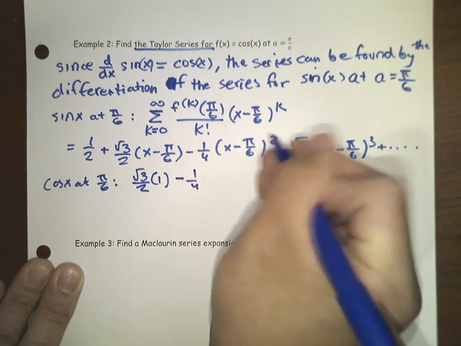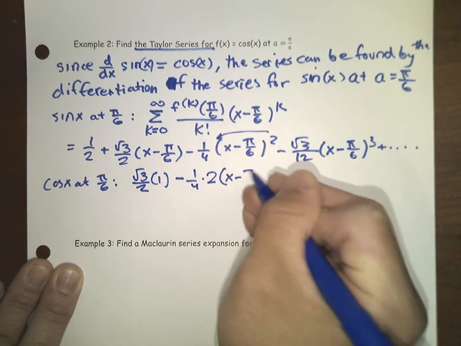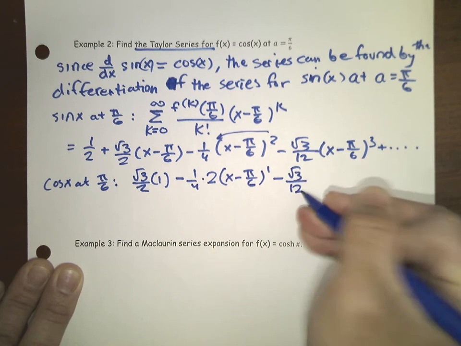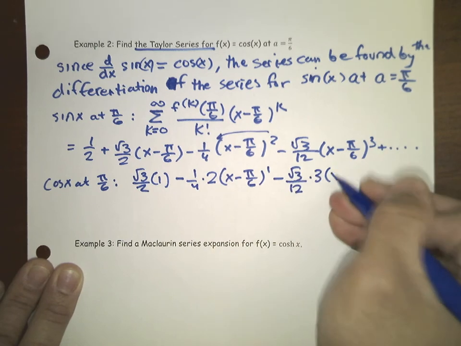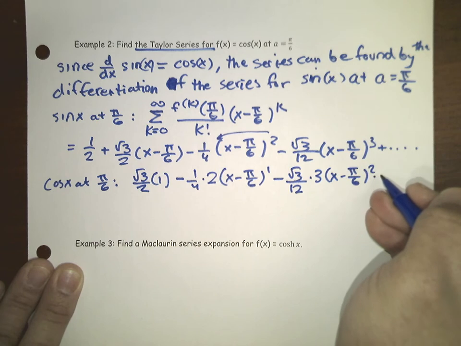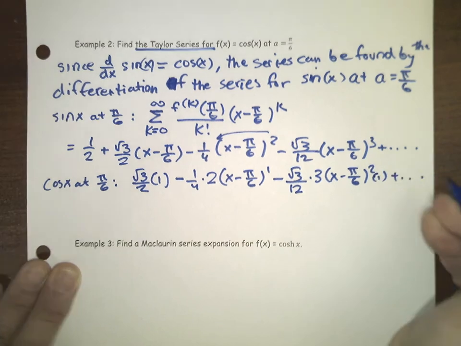Minus a fourth times, let's use the power rule, 2 times x minus pi over 6 to the first. Then minus square root of 3 over 12 times 3 times x minus pi over 6 squared times the derivative of x minus pi over 6, so that's just 1 again. So there we go, and so on.